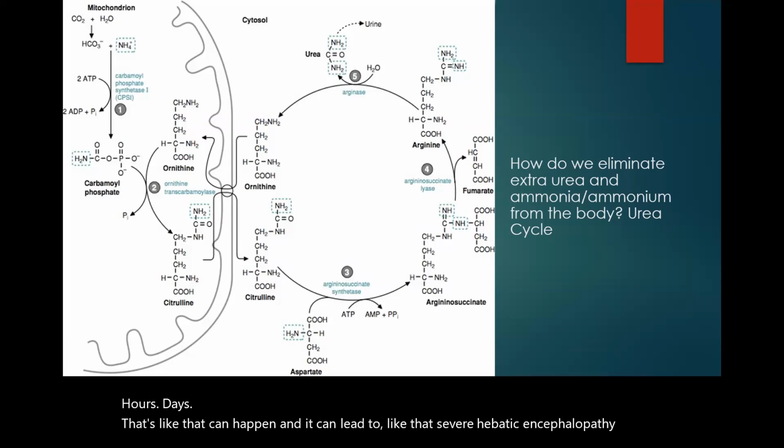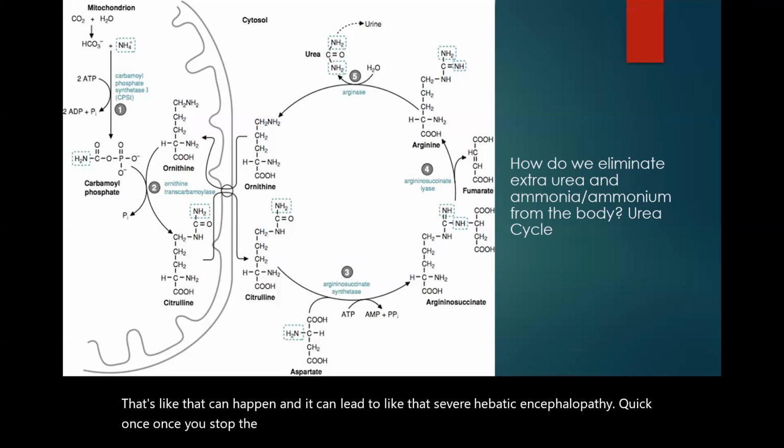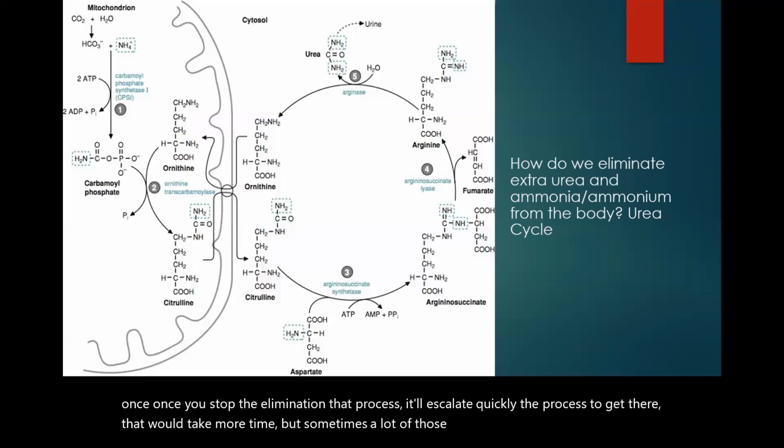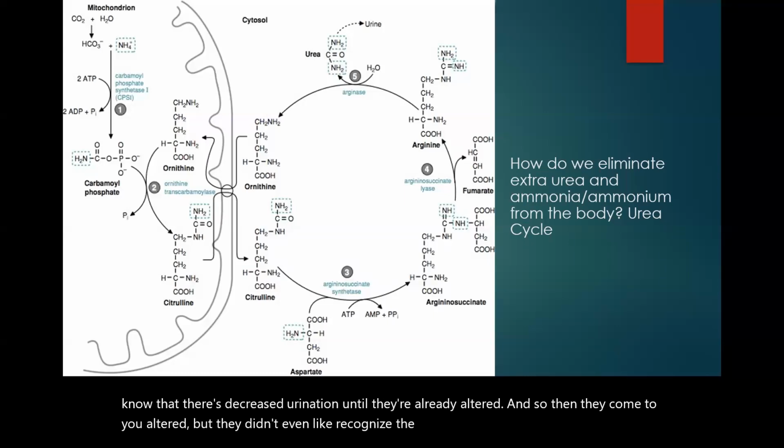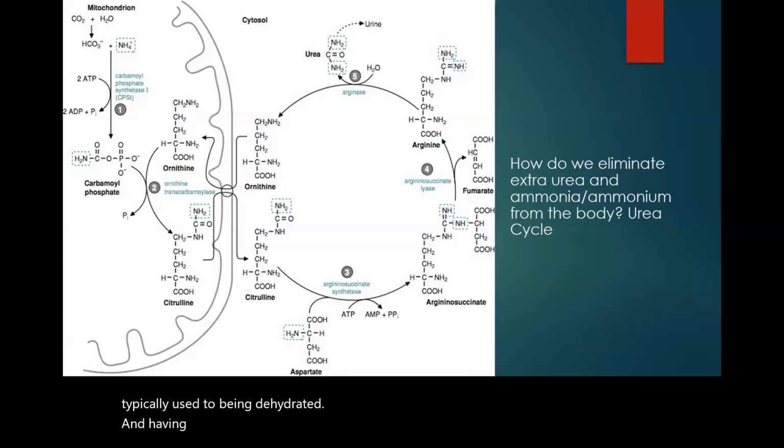Once you stop the elimination, that process will escalate quickly. The process to get there would take more time. But sometimes a lot of those patients might not necessarily know that there's decreased urination until they're already altered. And so they come to you altered, but they didn't even recognize the warning signs, because they're typically used to being dehydrated and having less urination and having darker urination.